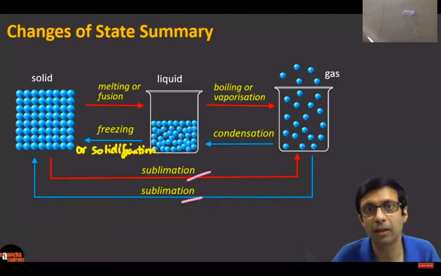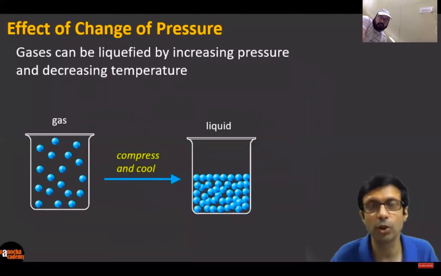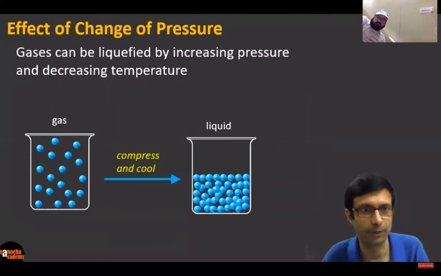And remember, in the initial part of the class we talked about how one way is to change the temperature, and the second way is to change the state using change of pressure. This is one important thing that we sometimes forget.